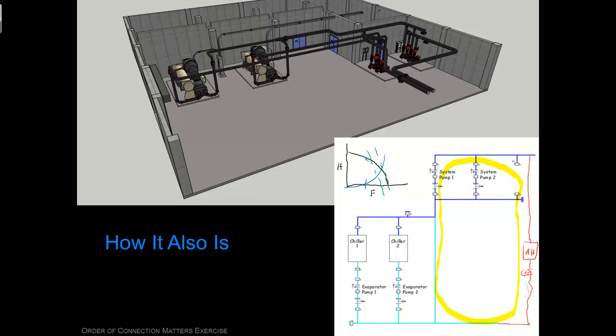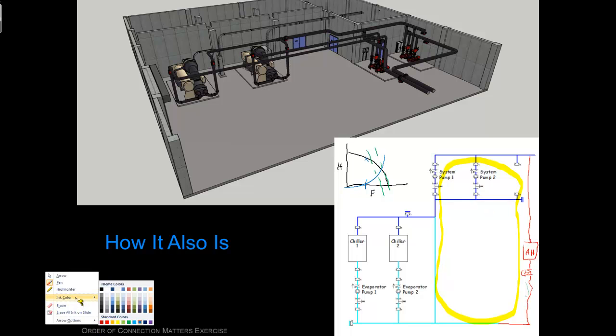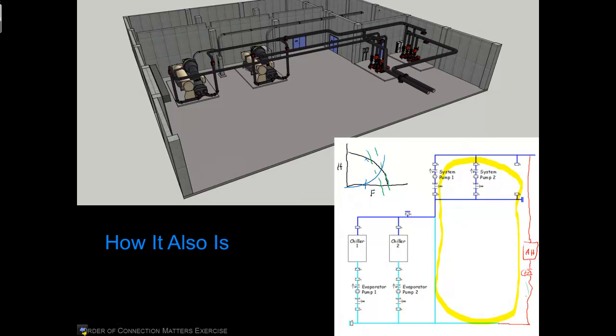So far we've talked about the variable flow loop. Now let's talk about the other loop that exists in this system. I'm going to switch back to the highlighter, and I'm going to switch to a different color.